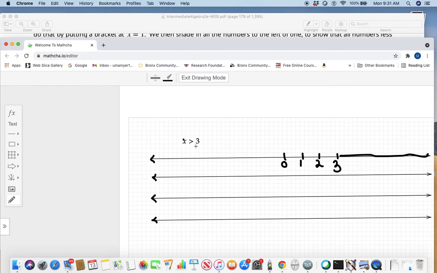Is 3 allowed? No. So you would place an open circle there. Some people also write parentheses there, and then draw the line across. Draw the ray to the right.